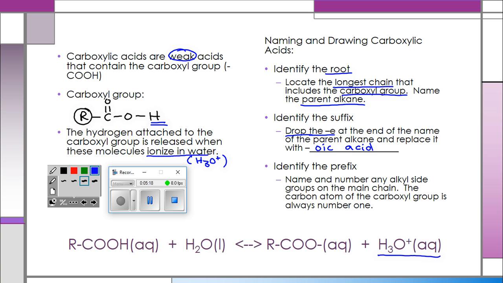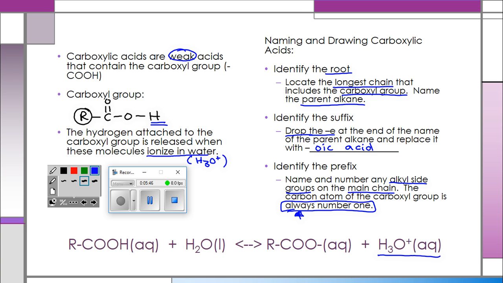Then we identify the prefix like we would have done on any other compound. We'll look for alkyl side groups on the main chain. The thing that's important to recognize here is that the carbon atom of the carboxyl group is always carbon number 1. It has to be. And if you look at the structure of the carboxyl group, hopefully you can see why.